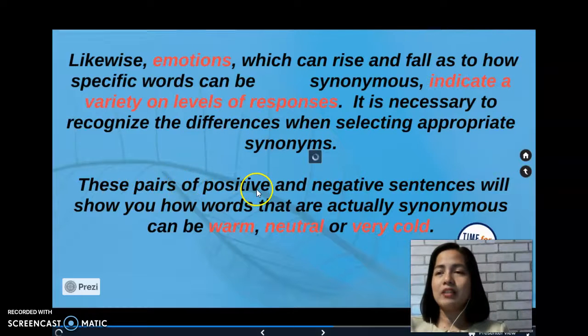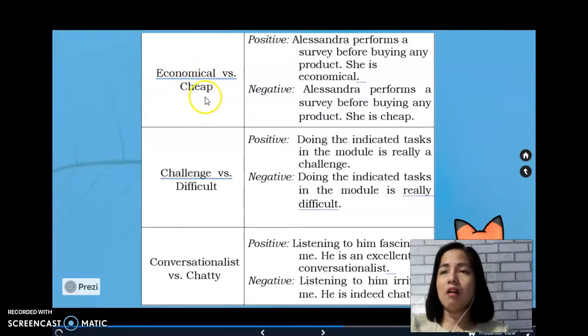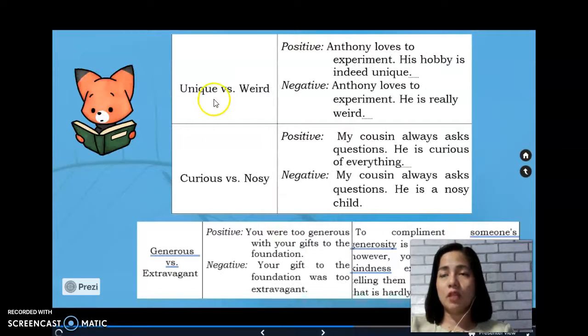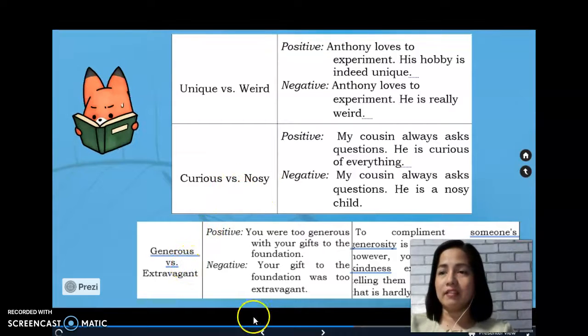These pairs of positive and negative sentences will show you how words that are actually synonymous can be warm, neutral, or very cold. We have economical versus cheap, challenge versus difficult, conversationalist versus chatty. We also have unique versus weird, curious versus nosy, and generous versus extravagant.